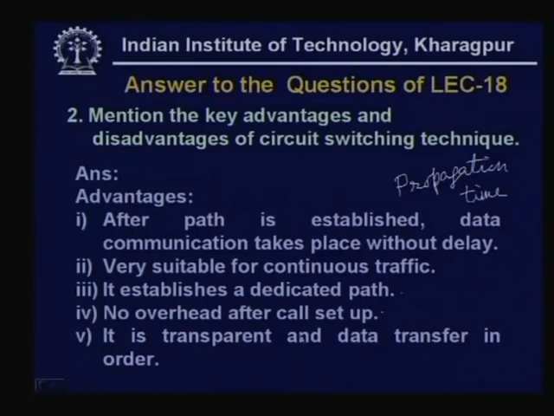As I mentioned, whenever a circuit switch network is established, then whatever is sent in the same order, it reaches the destination. So, if you send data or packets will reach in order, and this is the advantage of the circuit switching technique.